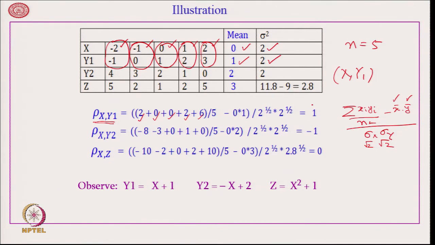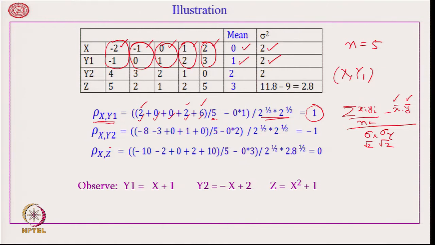Therefore, together we are getting the value coming out to be 1, because 2 plus 2 is 4, 4 plus 6 is 10, 10 divided by 5 is 2. Therefore, 2 divided by 2 is equal to 1.